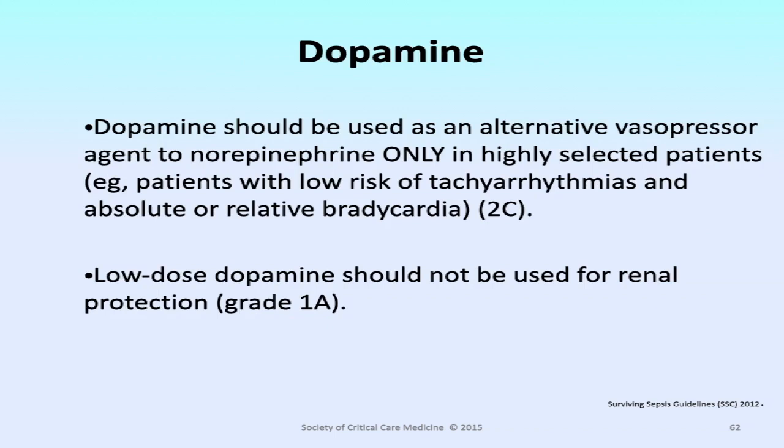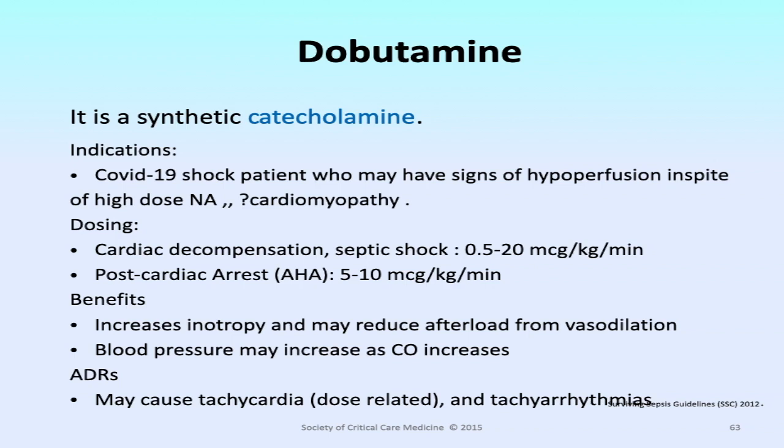Dopamine in specific patients with bradycardia or risk of arrhythmia, they can have dopamine. Dobutamine in COVID-19 patients, usually in shock patients, if they have hypotension and are introduced to noradrenaline but still have hypoperfusion, most likely suspicion of cardiomyopathy with COVID-19 is high.